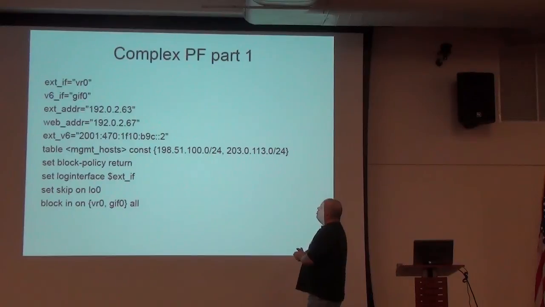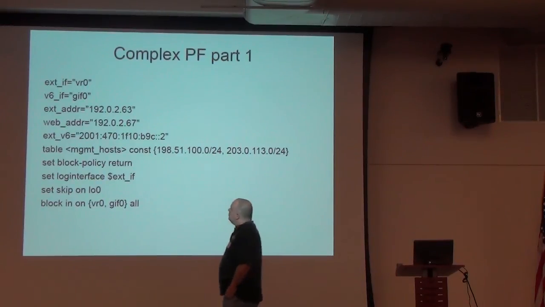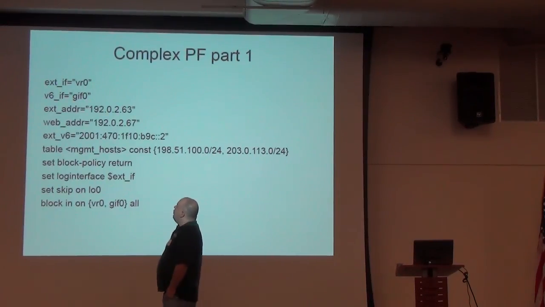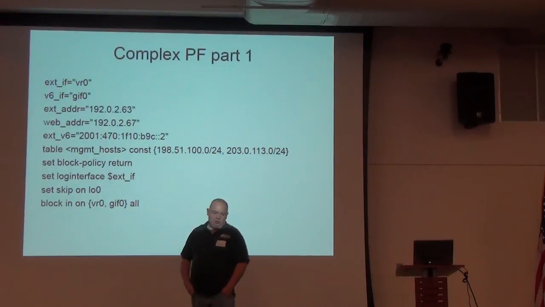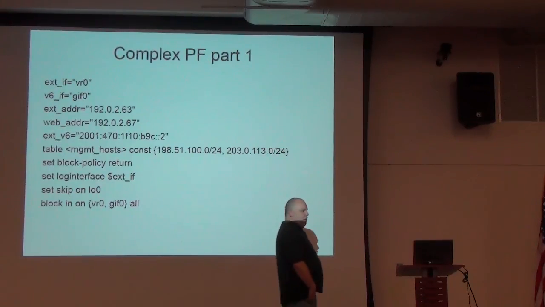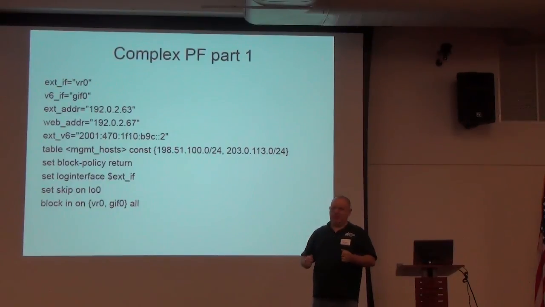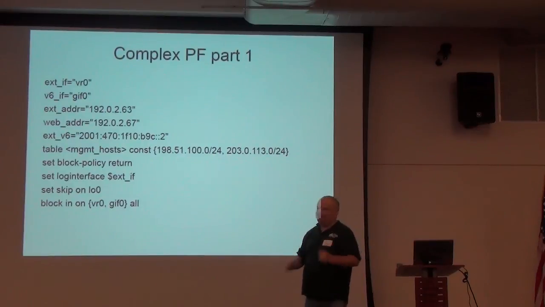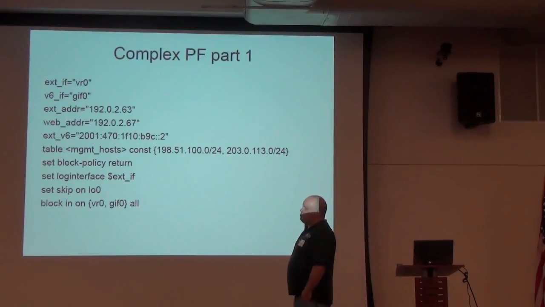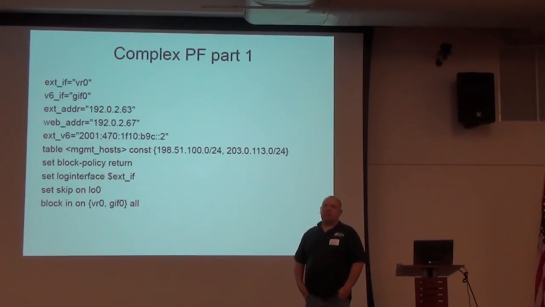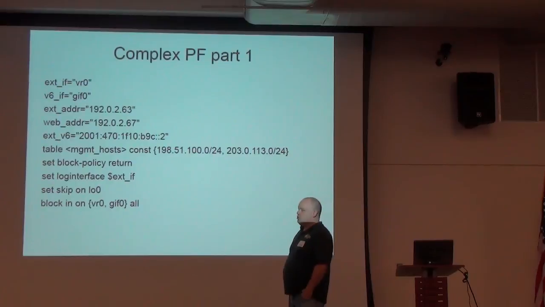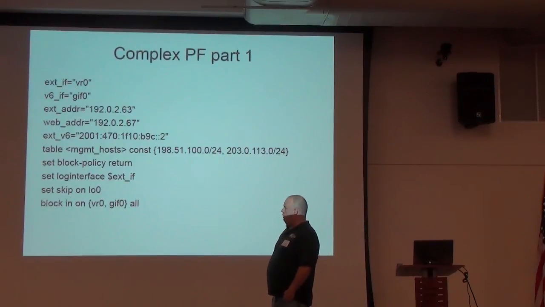So you don't want, if your external interface is vr0, to change your network card and have to go do a search and replace on your firewall rule set, because something's going to go wrong. Especially if your interfaces are named something like 80:something. Search and replace goes very wrong very quickly.